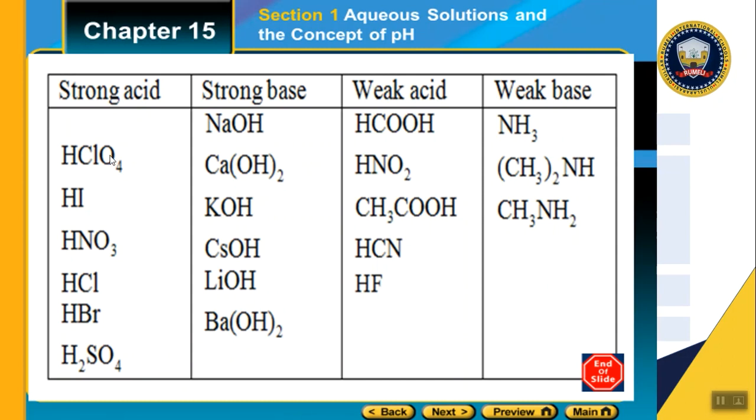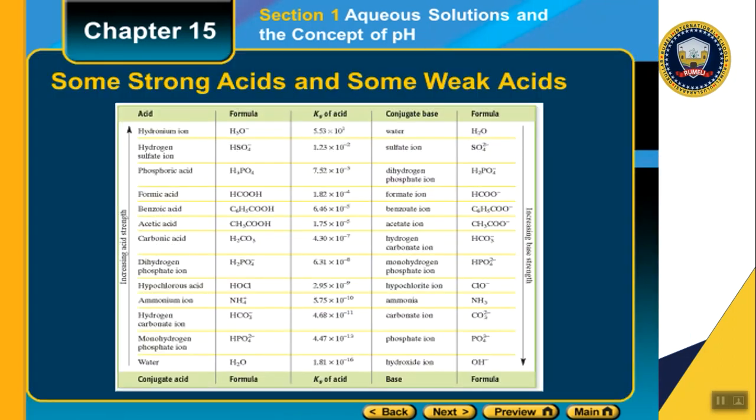We will concentrate in this section on these parts, specifically HI, HCl, HNO3, HBr, H2SO4, and NaOH, Ca(OH)2, KOH, and weak acids like CH3COOH or HF, weak base like NH3. This is another classification present in your book. You have to understand this table.